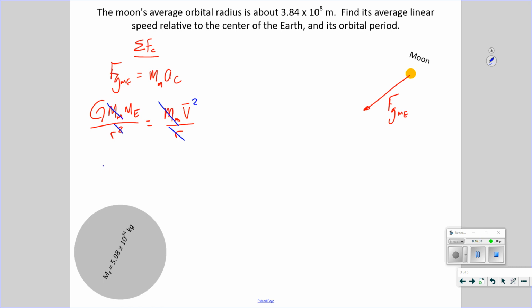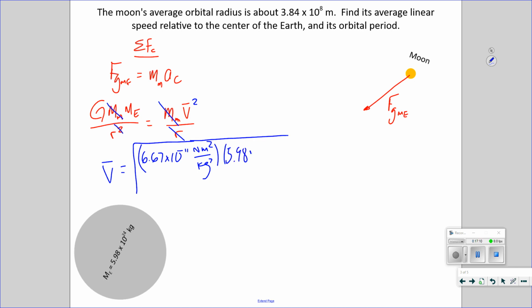Okay, so our v average is the square root of G, 6.67 times 10 to the negative 11th newton meters squared per kilogram squared, times Earth's mass, 5.98 times 10 to the 24th kilograms, over R, the average distance, 3.84 times 10 to the 8th meters.